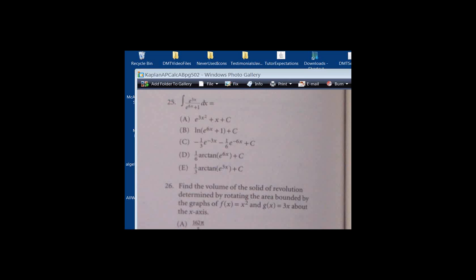So, Mr. Cohen? What's that? I can't see your screen. Let me close out some things here and see if that helps. Let's see what's going on. Can you see the integral of e to the 3x that I've written? No. Really? How about now? Nothing popped up in order for me to see your desktop.